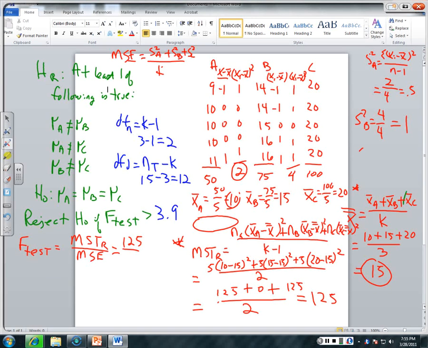S squared C is 0. All the values are 20. There is no variation around the mean. I don't need to calculate anything for that. They're all the same. The variability is 0. So now I'm going to come back over here, and my MSE was 0.5, that's S squared A, plus 1 for S squared B, plus 0, divided by 3 is equal to 0.5.